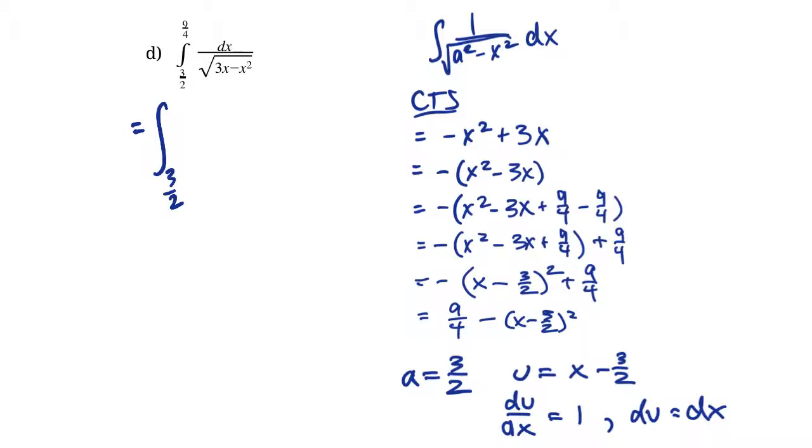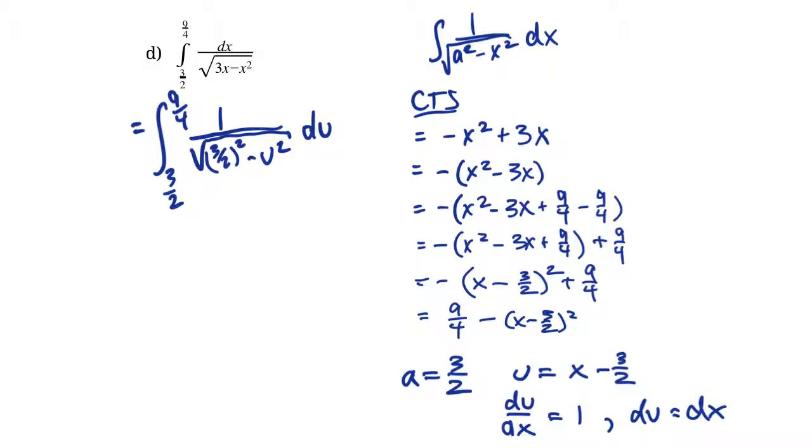This is a definite integral. I'm going to write the dx off to the side, but we're going to write this as 1 over the square root of 3 over 2 squared minus u squared, and that whole thing du.